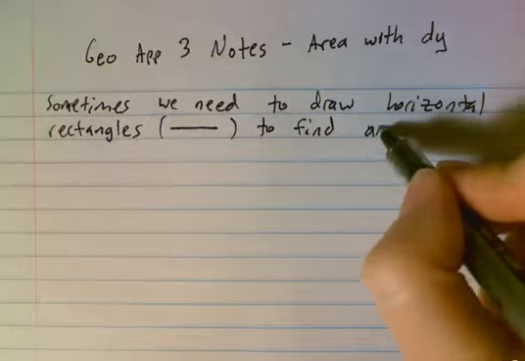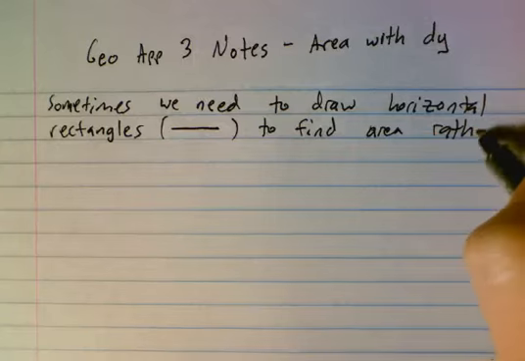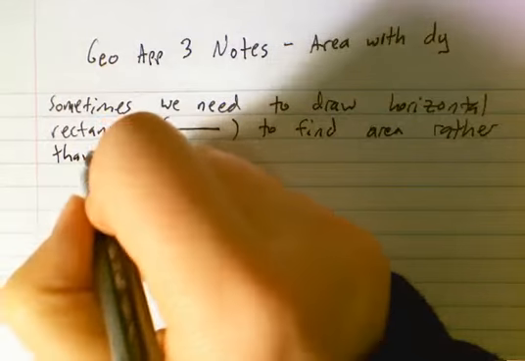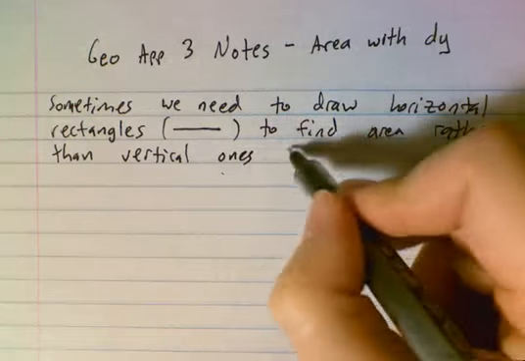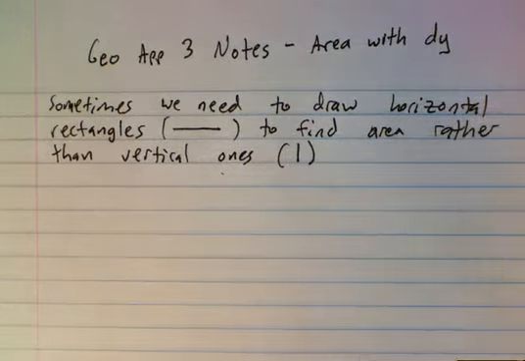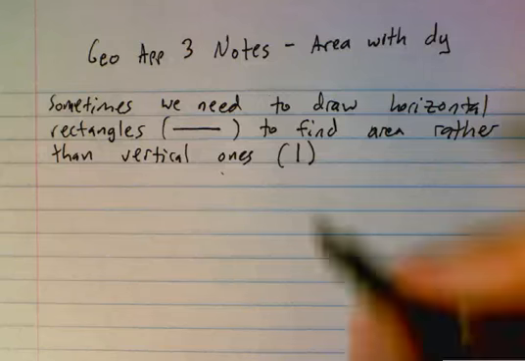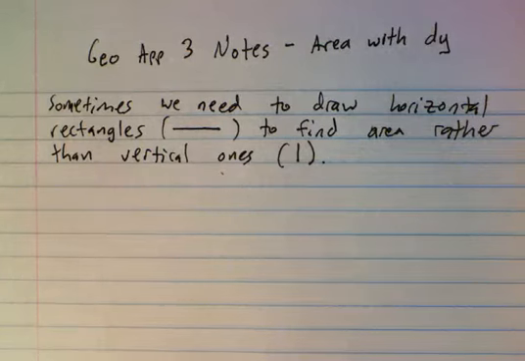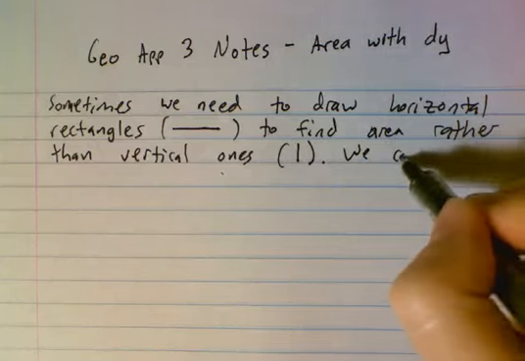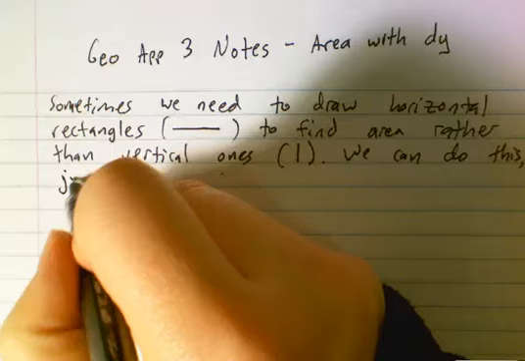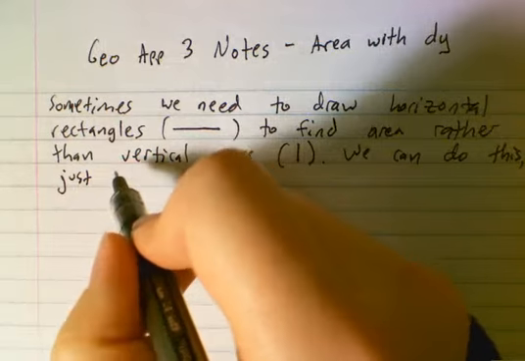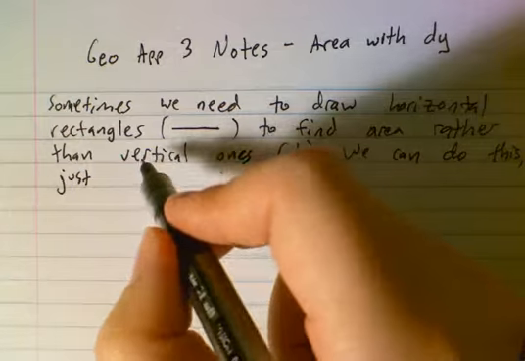To find area rather than vertical ones. So the vertical ones are what we were working with last lesson. They're the ones that look like that. We can do this, we just need to make sure that we have the same variables for our width and our height.